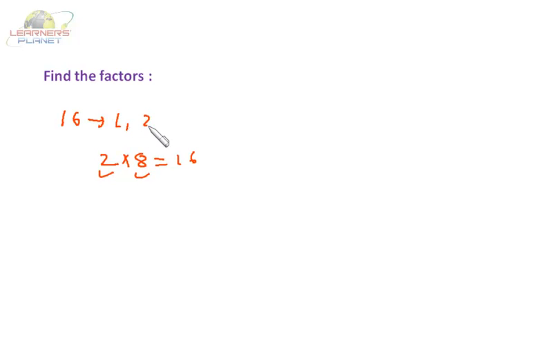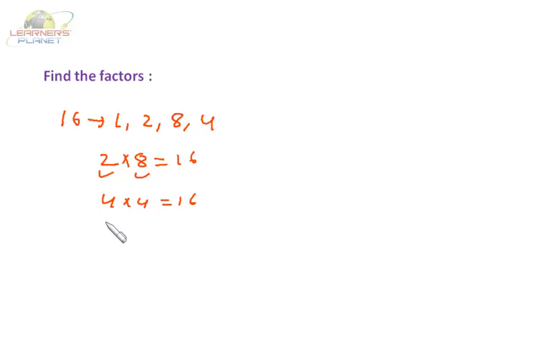So I just write it over here, 1, 2, 8. Then 3, 16 doesn't come in the table of 3. You can speak the table. So 3 is not a factor of 16. Now let's take 4. So 4 into 4 is 16. That means 4 is also a factor of 16.